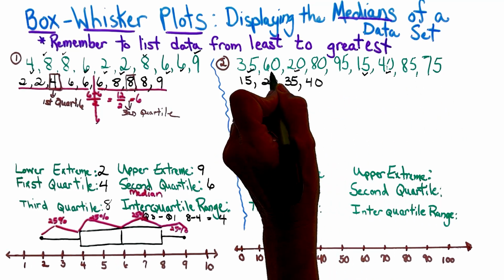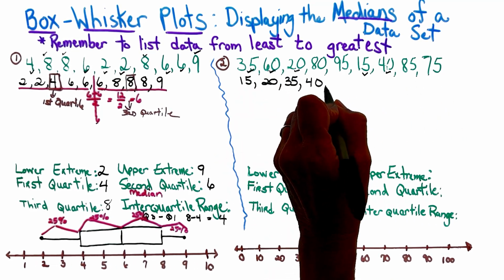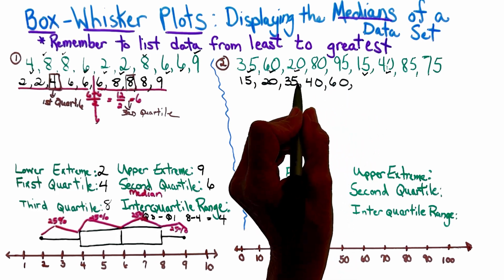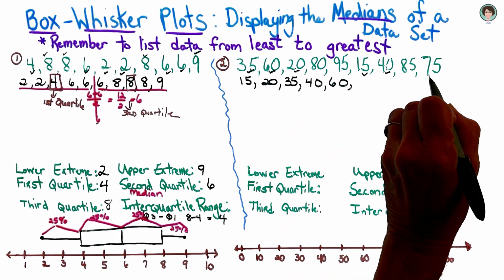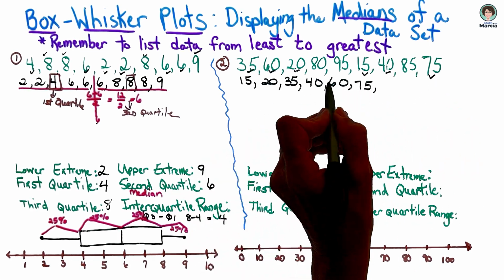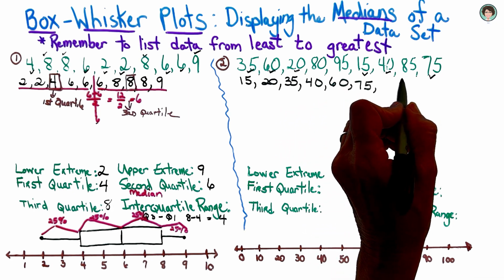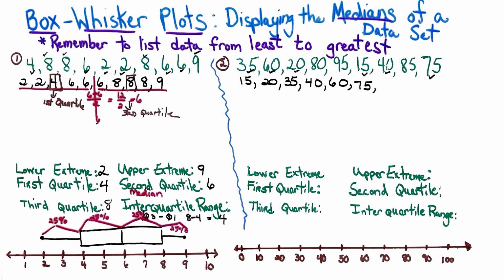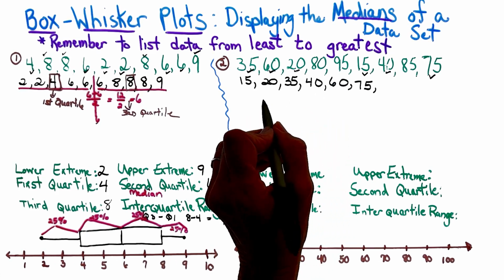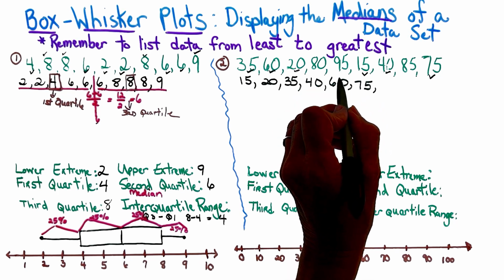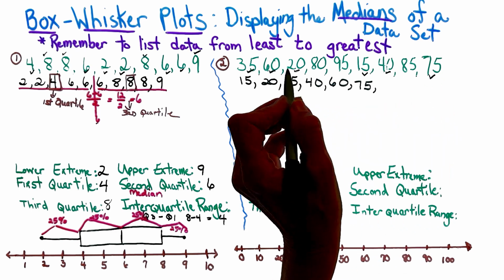Looking at my data, the next one would be a 60. Again, looking at the data, the next is a 75. And I only have an 80 and an 85 left. And actually, I have a 95 also. So here I have, let's see, I left off with my 75.